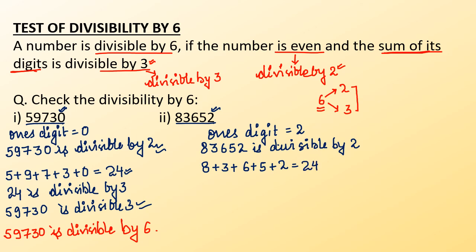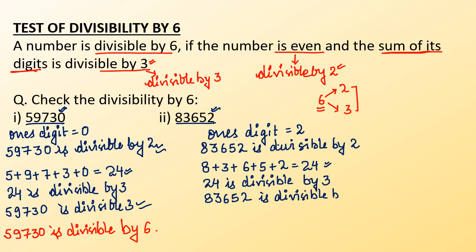Again we got the sum equal to 24, which is divisible by 3, which means that 83,652 is divisible by 3. Therefore, the number is divisible by 2 and the number is also divisible by 3, which means 83,652 is divisible by 6 also.